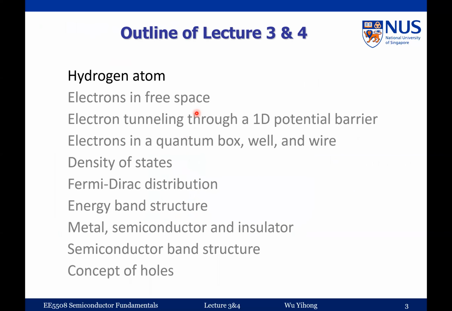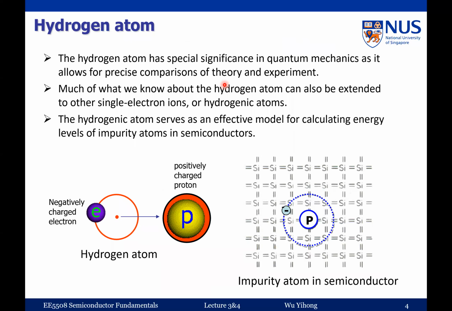Okay, so now we look at the first quantum mechanics system, called the hydrogen atom. The hydrogen atom has a special significance in quantum mechanics. This is the first system for which quantum mechanics actually provides a very reasonable explanation.